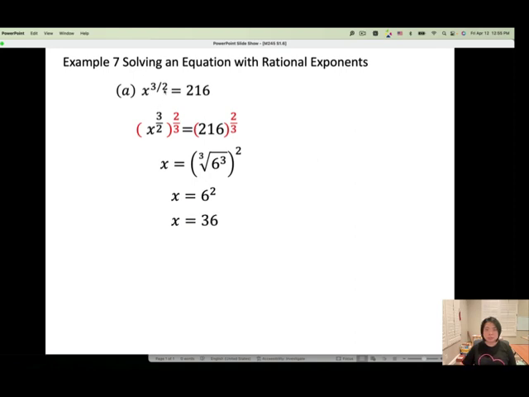Since this is a square root, when we have a square root, we have to check our work. We're going to plug back into the original equation. x equal to 36 here. Then this is going to be the square root of 36, which is 6. 6 times 6 times 6 is 216. So this is good.